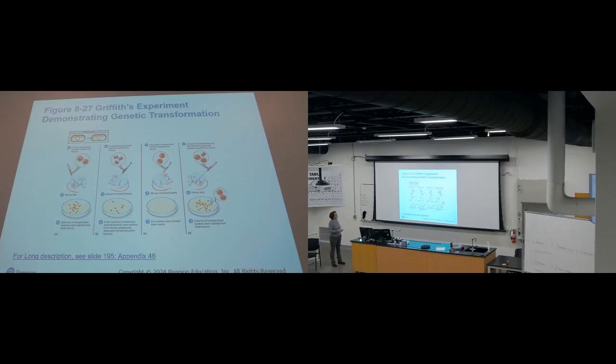So here is an experiment that was done in the 1960s that helped to understand that actually DNA was the material that was transferring genes. Before that, they were debating whether it was proteins that were the genetic material and not DNA.